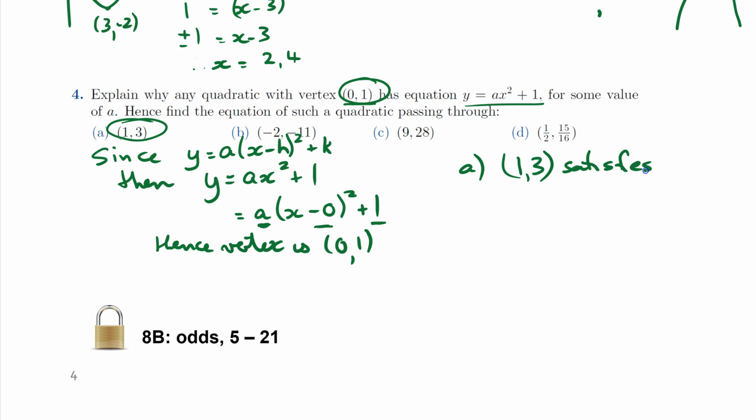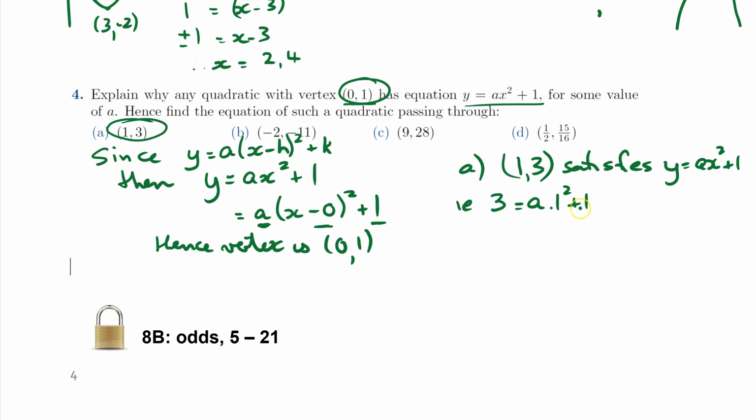So it must satisfy y equals ax squared plus 1. We don't need to write the 0 in here. So if it satisfies it, that is the left-hand side, which is y, is 3, equals a times x squared, which is 1 squared, which is 1, plus 1.